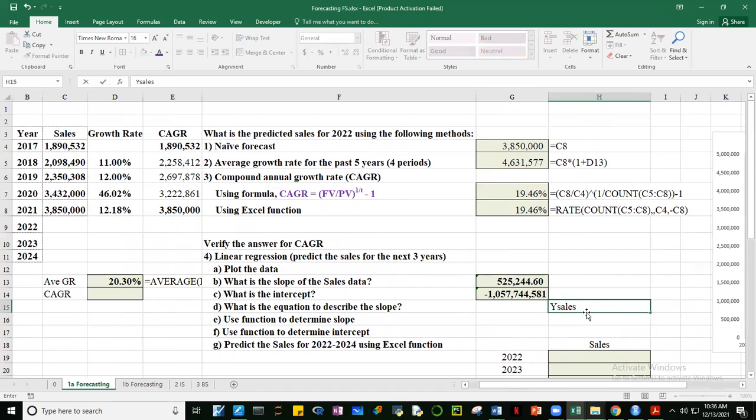Now, Y sales natin is equal to 525,244.6, just round off to the nearest two decimal places, times x here, okay, minus 1,057,744,581.